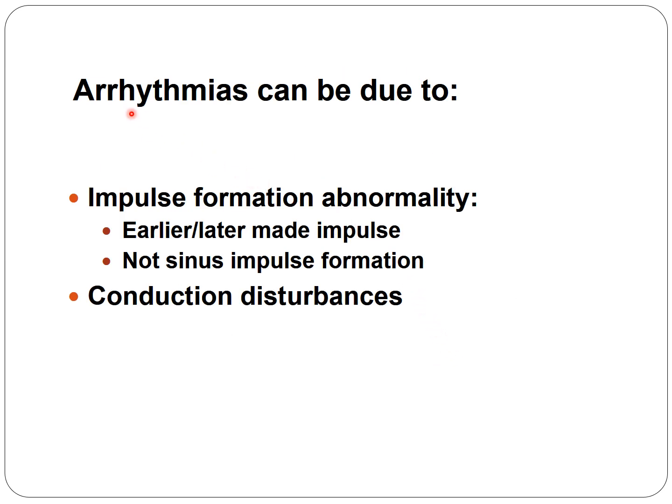Arrhythmia, as we said, can be due to impulse formation abnormality, that a beat can come earlier or later, or not originate from the normal pacemaker, not from the sinus. Or even when we have a normally forming impulse, but somehow this impulse is not propagating, this is why we could have a conduction disturbance. And again, that can be manifested as arrhythmia.